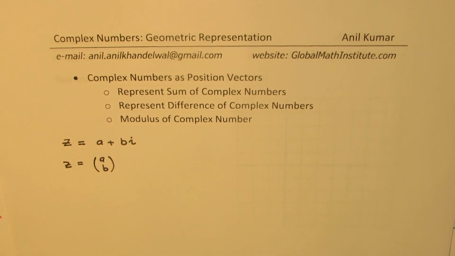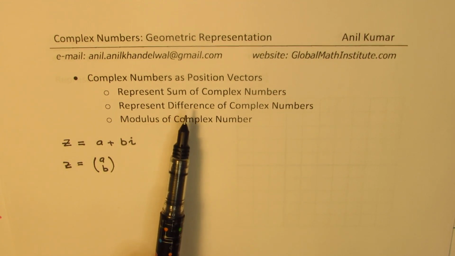This form helps us perform operations, especially addition and subtraction, very simply and is used many times. So we are going to use this nomenclature and then show how to add and subtract complex numbers.